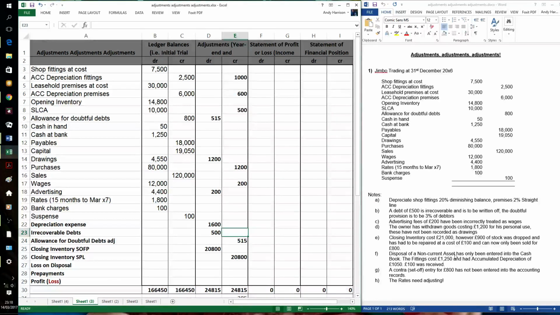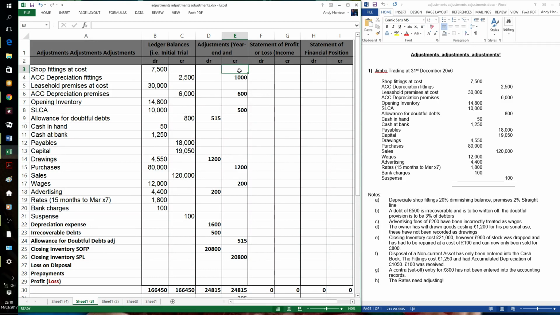Disposals, so we've got a non-current asset entered into the cash book. So fittings, their fittings cost 1250, accumulated depreciation, so carrying value of 200, but we only got 100. If we've only entered it into the cash book, that might explain our suspense account.